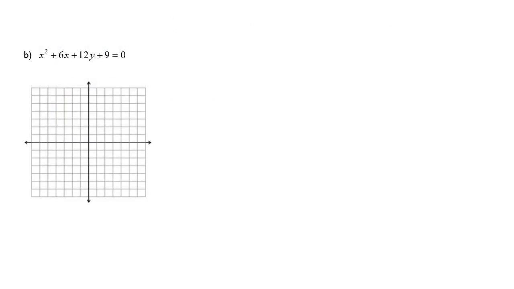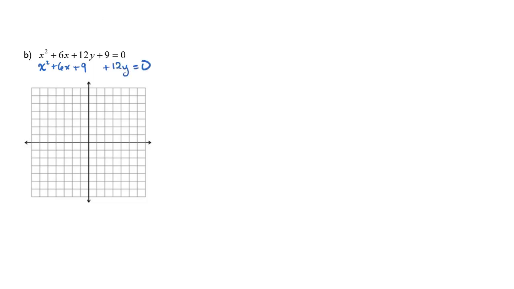Now let's look at the next example. We have x squared plus 6x plus 12y plus 9 equals 0. If we group this appropriately, or regroup it, however you want to say that, we'll have x squared plus 6x plus 9, and then plus 12y equals 0.